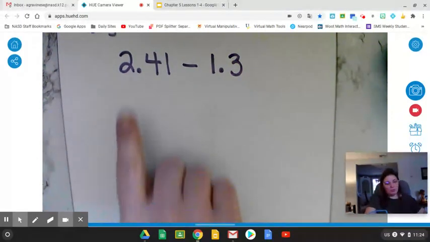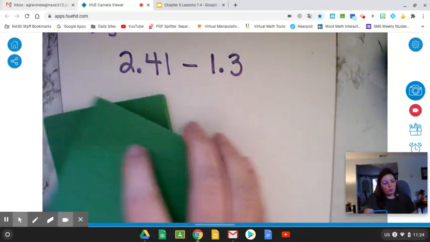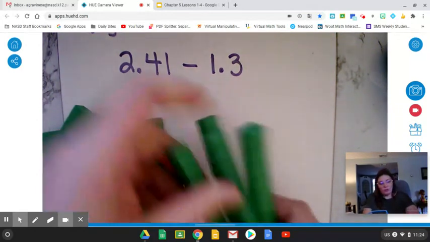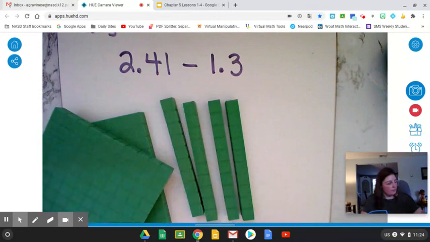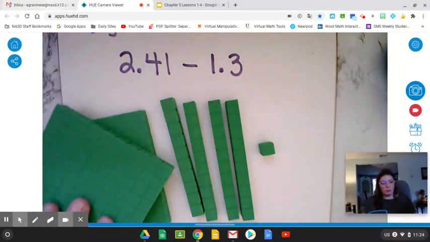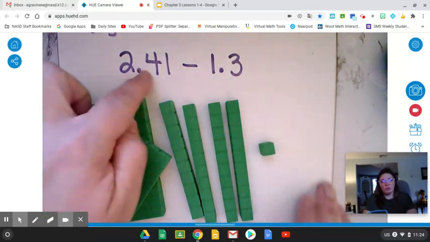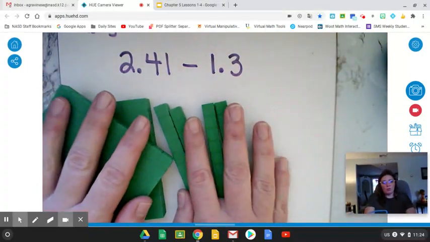So let's build these. 2 wholes and 41 hundredths, that's 4 tenths, and 1 hundredth. So here is 2 wholes, 4 tenths, 1 hundredth. That represents 2 and 41 hundredths.